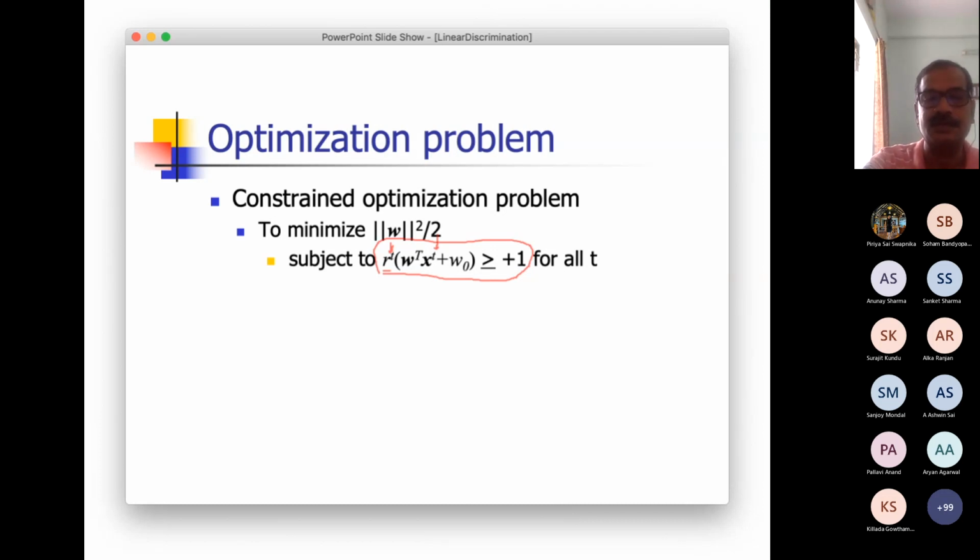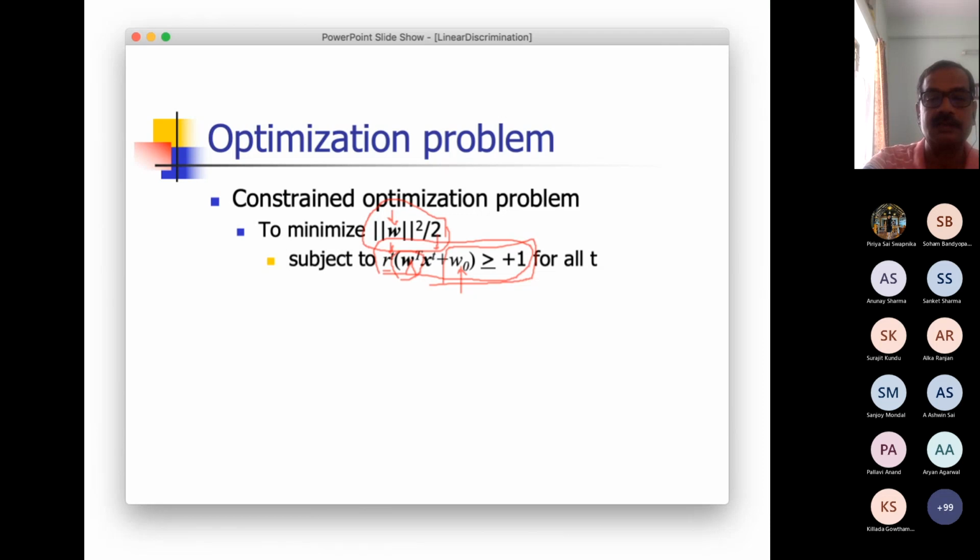These are all given to you, but these are the variables. You have to find out the parameters. You have to find out these W's in such a way that these constraints are satisfied, and you are minimizing this. So you are minimizing the square of this part. In the minimization, this term W naught does not have any effect, but definitely W naught has an effect in satisfying this particular constraint.